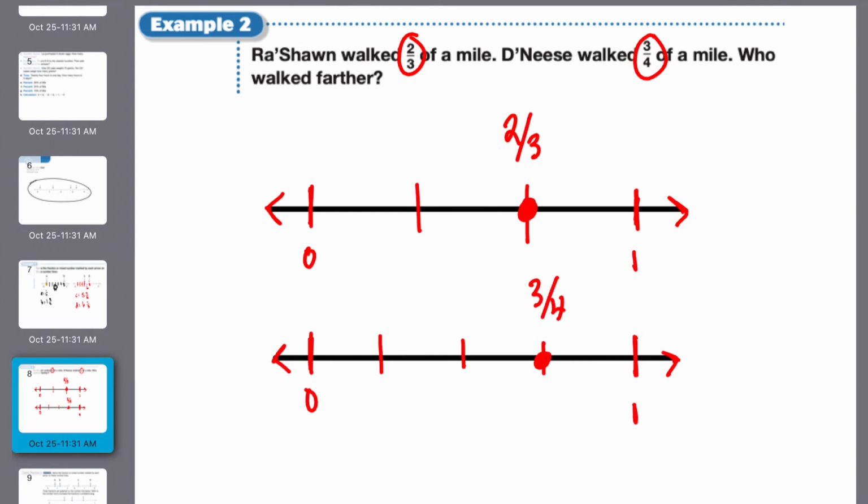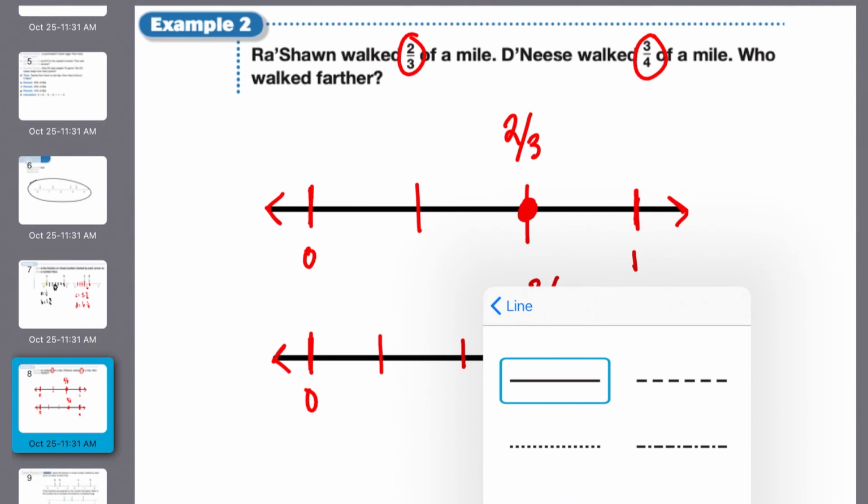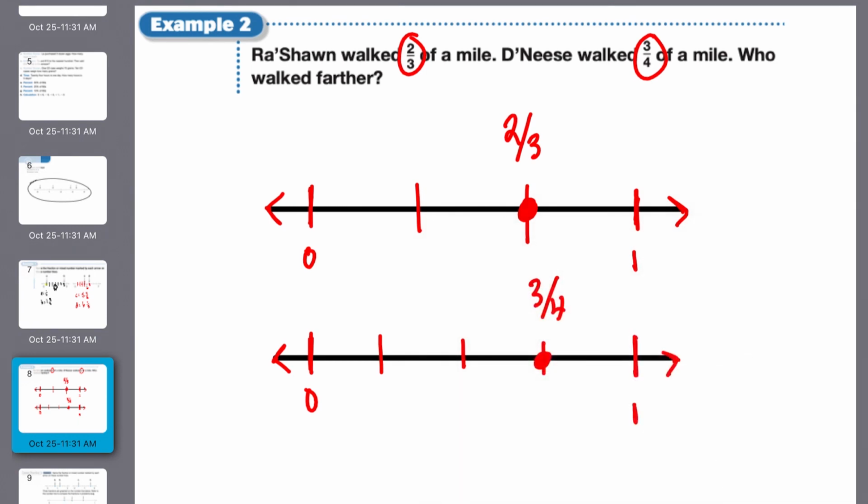So if you look, this one does look a little bit longer, right? That's where it crosses, as opposed to right here. So then, who walked longer? Denise would have walked longer, 3/4 of a mile. And 3/4 and 2/3 are actually very close to each other.